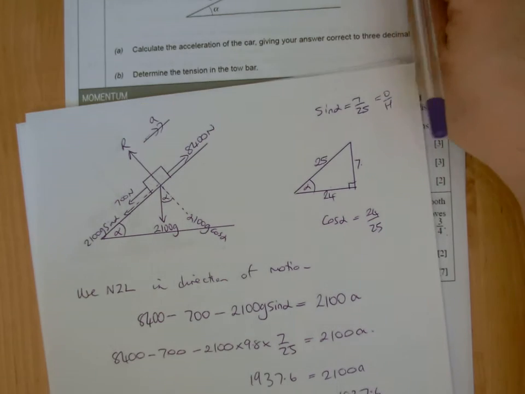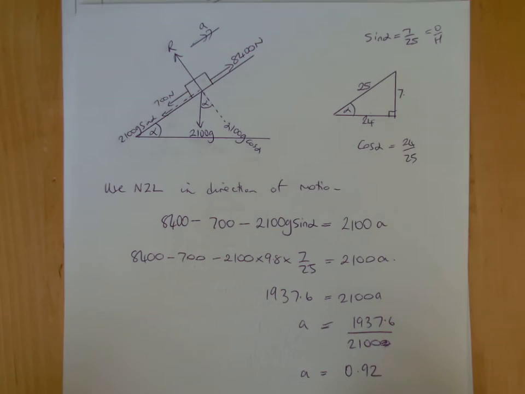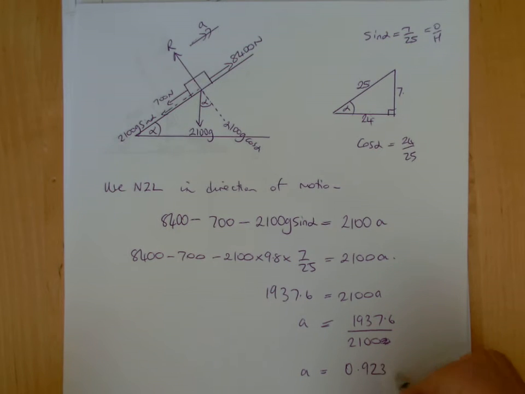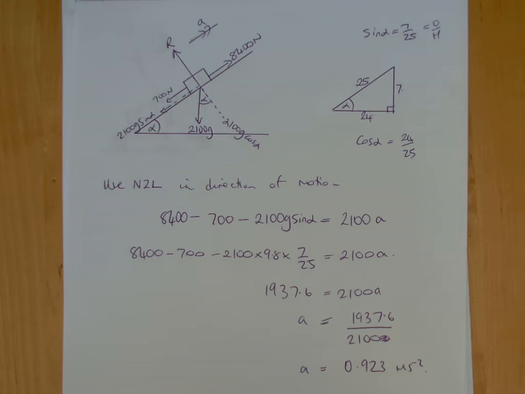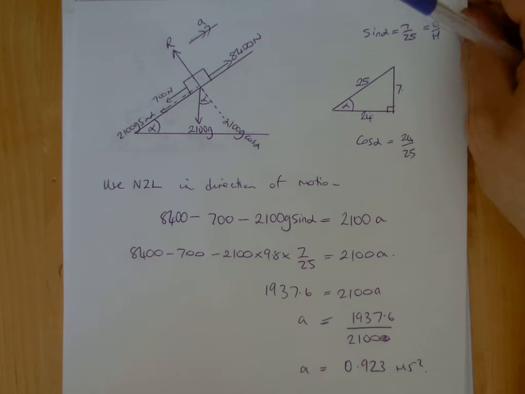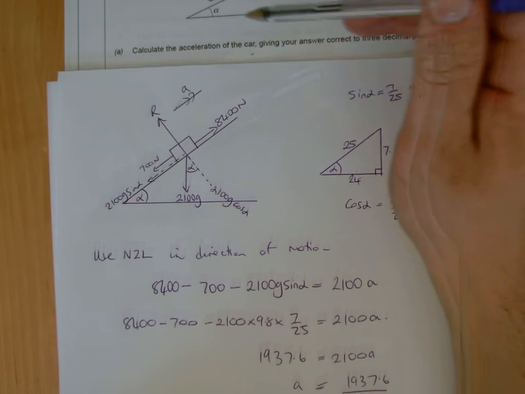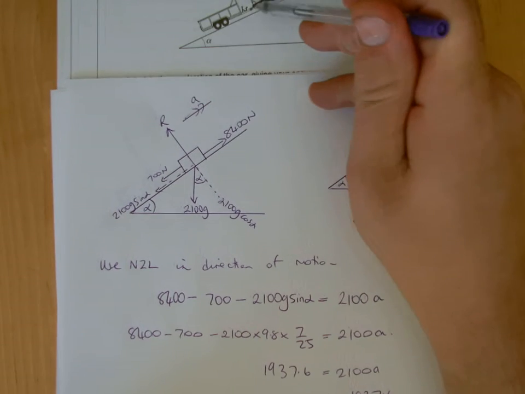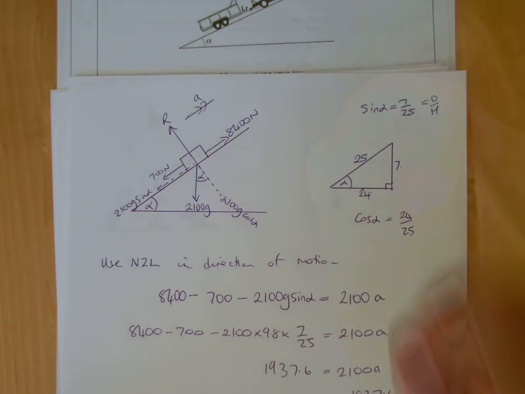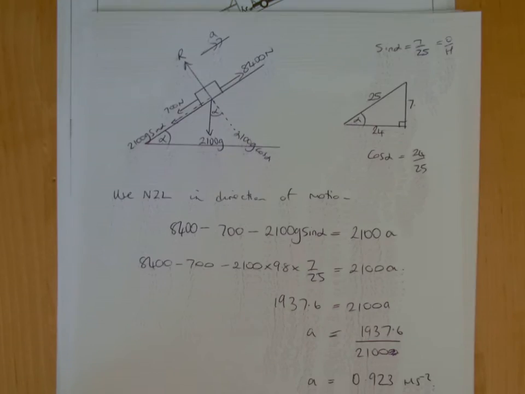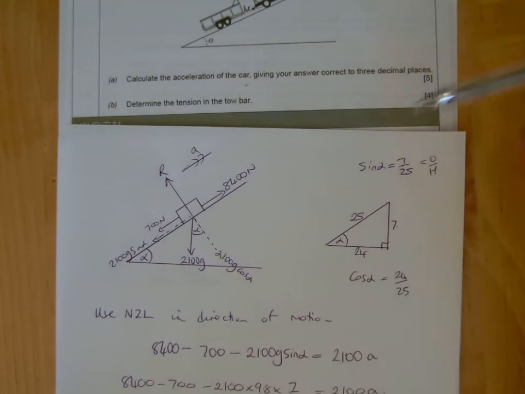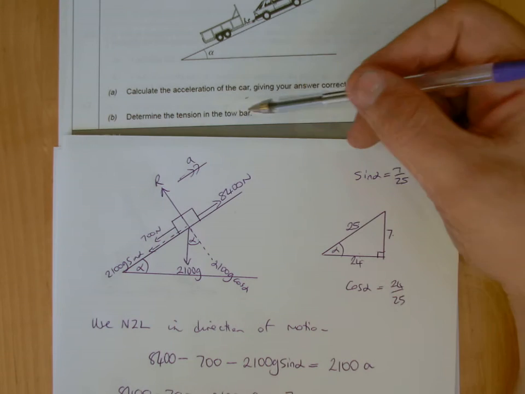What did they say, 2 decimal places? No, 3 decimal places. So 0.923 meters per second squared. So we've established the acceleration of the car, which of course will be the same as the acceleration of the trailer and the tow bar, everything, because this is one body connected. So that's the acceleration, and we've done what we've been asked for.